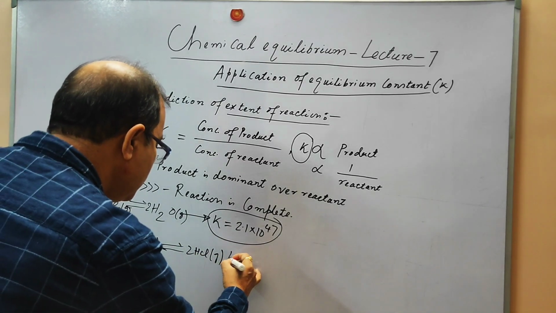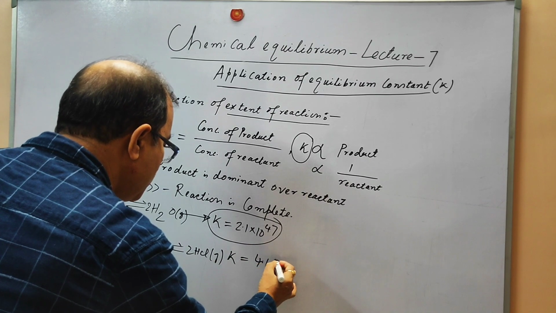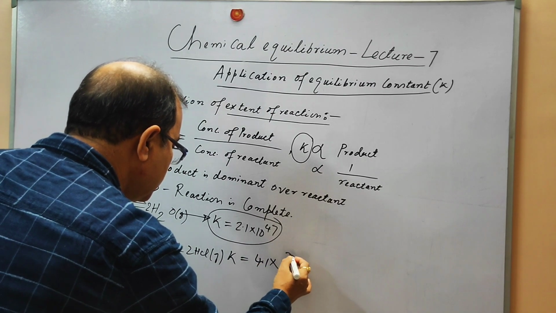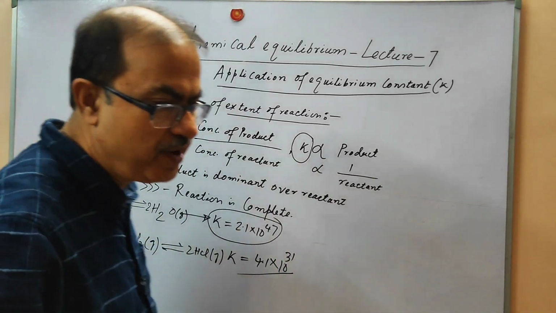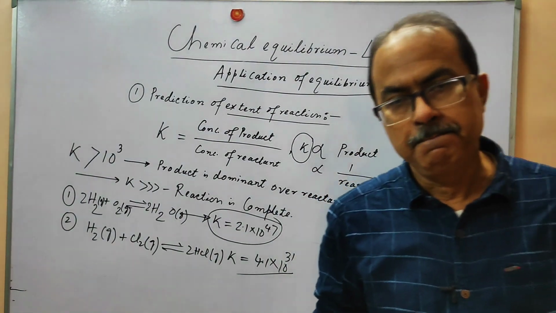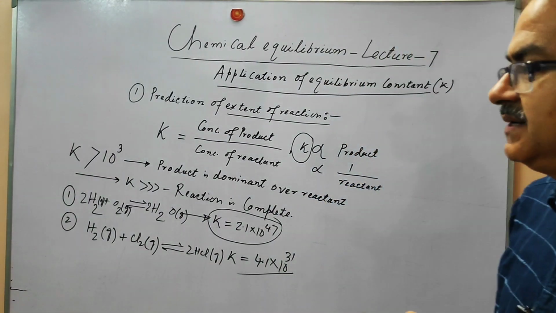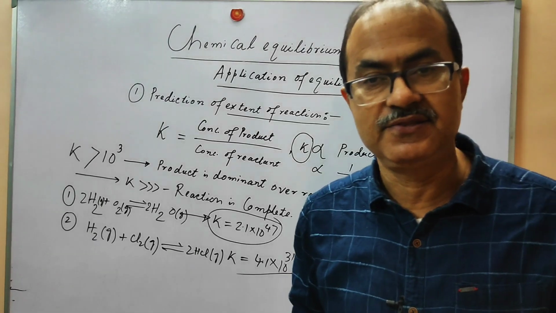Its K value will be around 4.1 × 10^31. So in this reaction also, at the point of equilibrium, you will find that the product is dominant over the reactants.